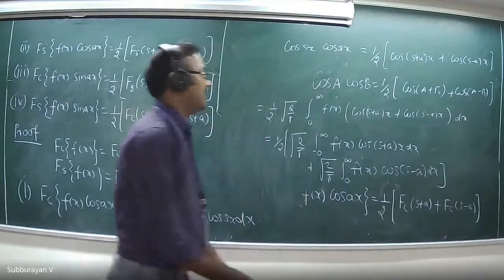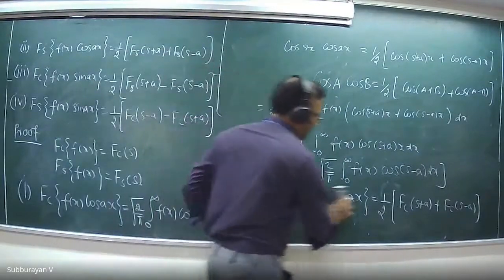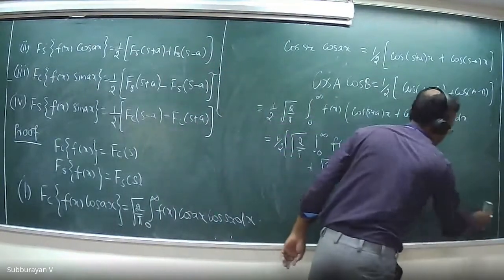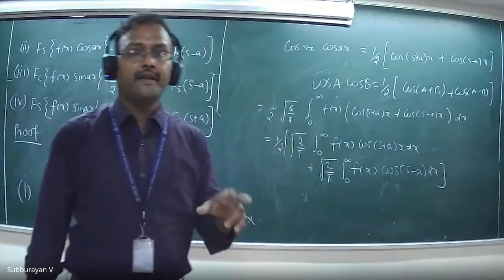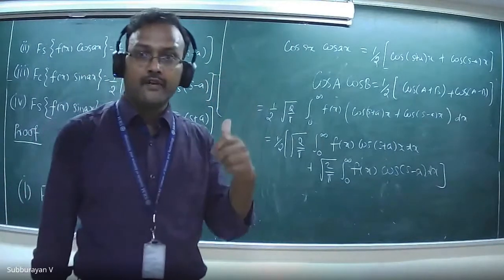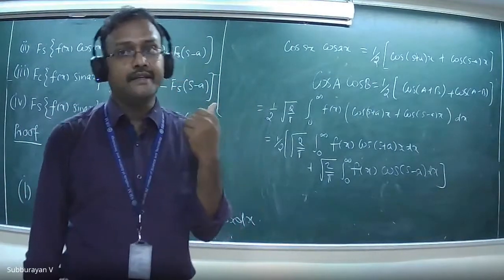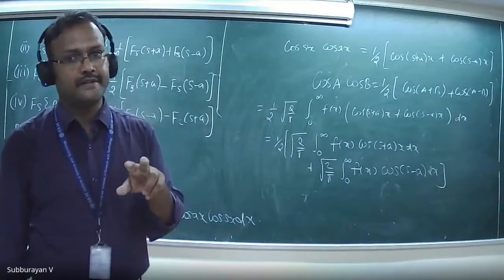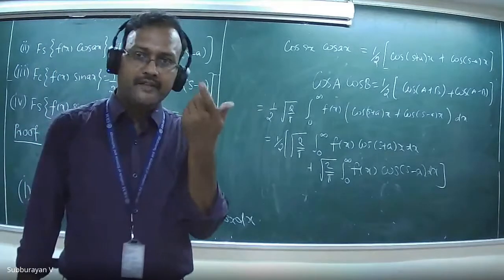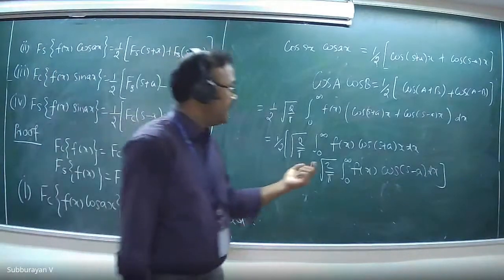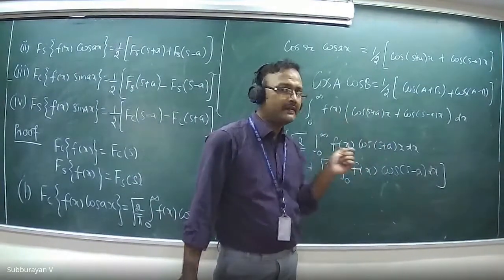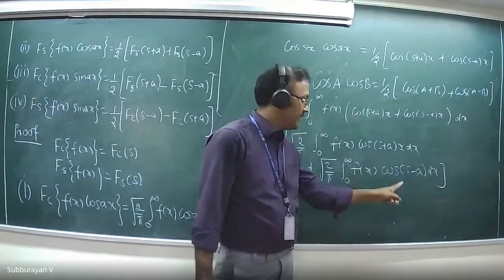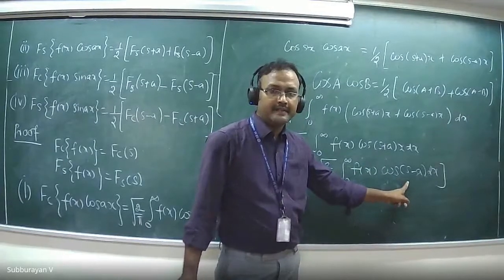Now, what is the formula for the Fourier cosine transform? Square root of 2 by pi into integral 0 to infinity f of x into cos sx dx. That is your fc of s. In place of s, we have here s plus a, and here s minus a. That is some shifting.